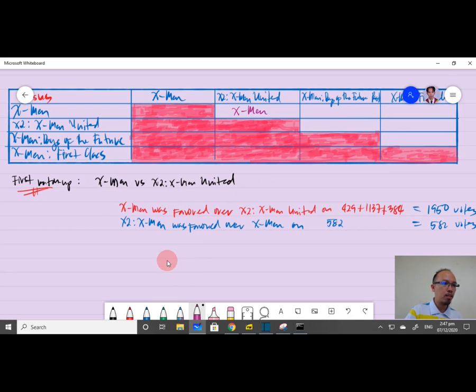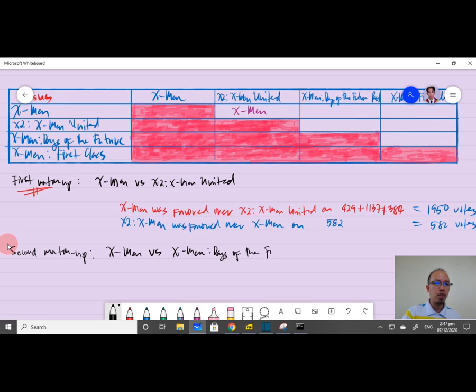So for the second matchup, we have X-Men versus X-Men Days of the Future Past.